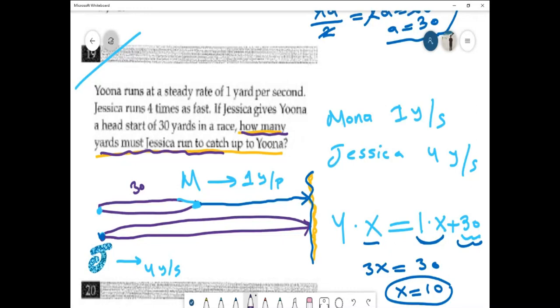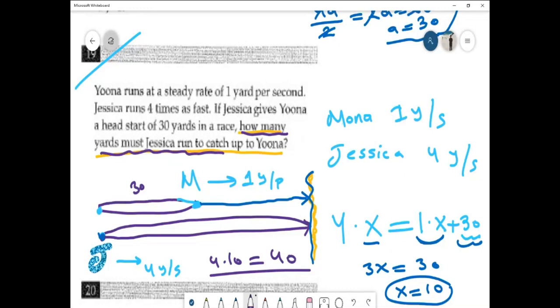Jessica starts from 0, but Mona starts from 30. After x seconds they will be at the same spot, and then I find x. So 3x equals 30, x equals 10. What is x? x was the number of seconds passed.